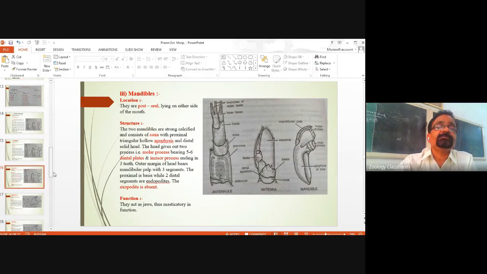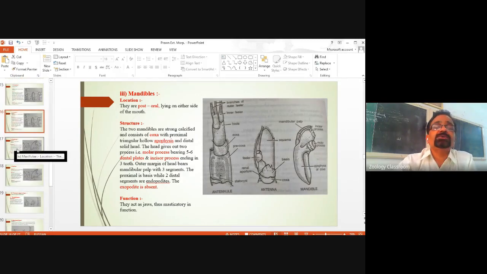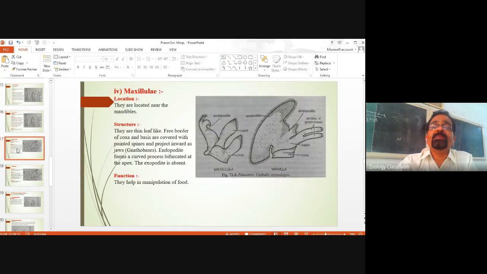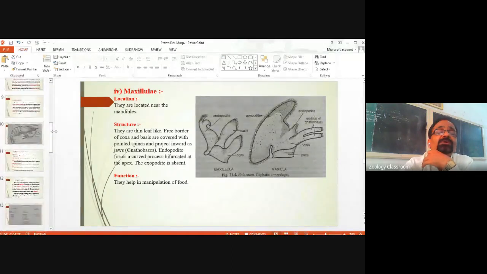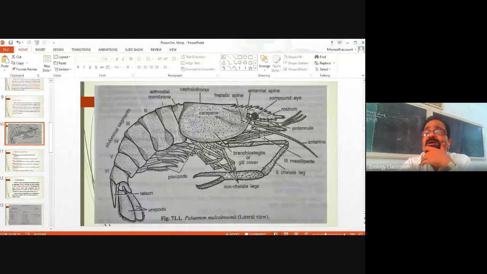Now the maxillule, single maxilla. These are located near the mandibles, but you will not clearly see them in the diagram because they are hidden and very short. Their location is in the head or cephalic region.